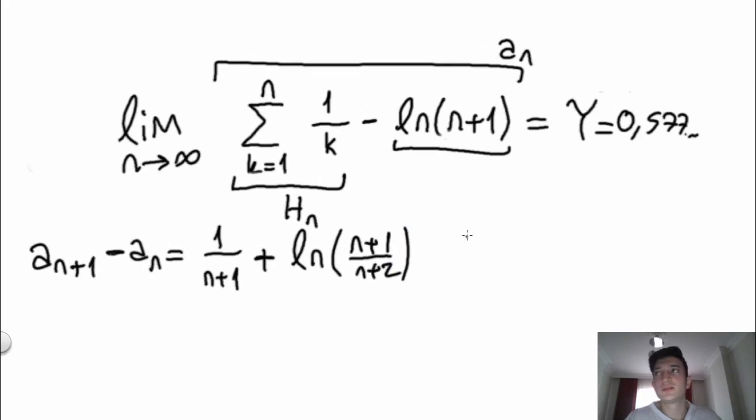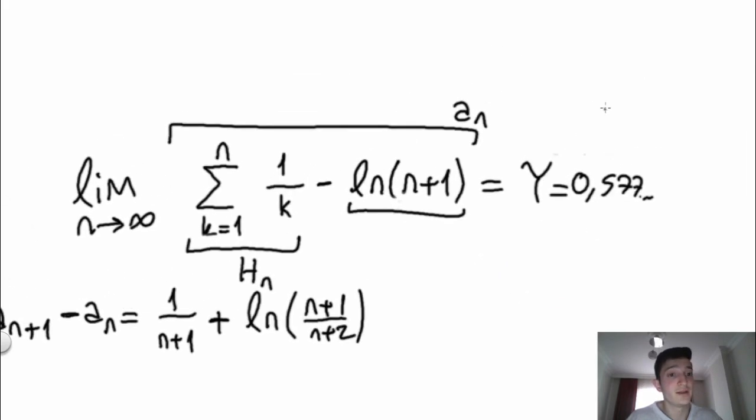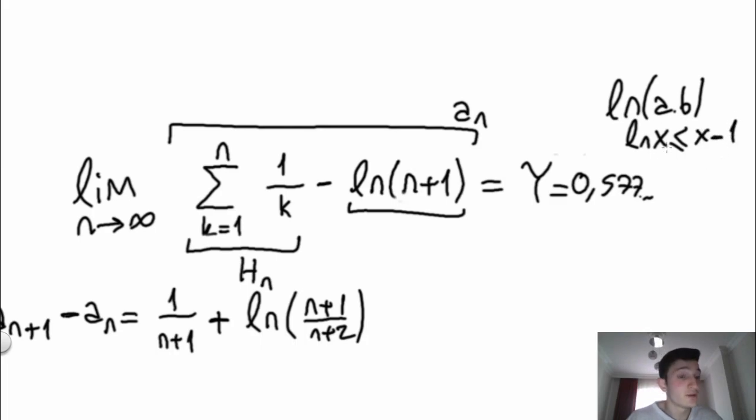So, well, the most basic inequality about the natural logarithm, which is actually the way it can be defined. We can just define it with its multiplicative property, ln ab is equal to ln a plus ln b. And the second part is just an inequality, which says ln x is less than or equal to x minus 1. Here ln x is defined when x is greater than 0.